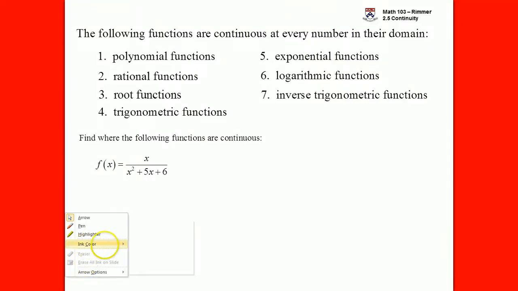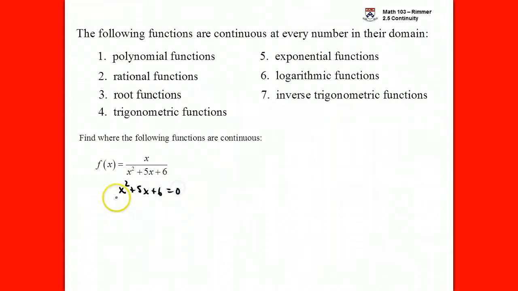That's factorable. So where does this thing equal 0? x squared plus 5x plus 6 equals 0. How does that factor? Both signs are the same, and they're both positive. 3 and 2, very good.